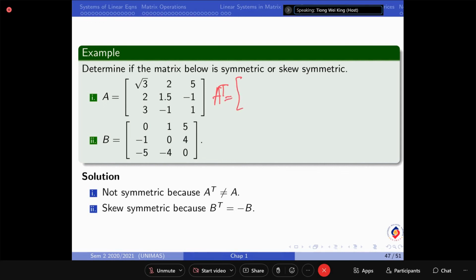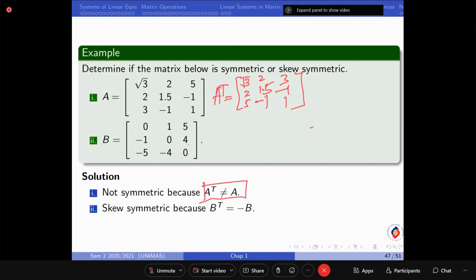Again, rows become columns, so we insert 3, 2, 5, then 2, 1, 1.5, then negative 1, and then 3, negative 1, 1. If you look at these two matrices, A transpose is not equal to A. So this is not symmetric.